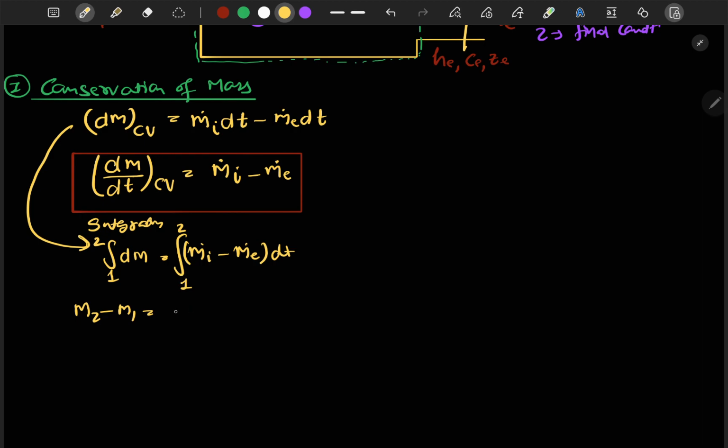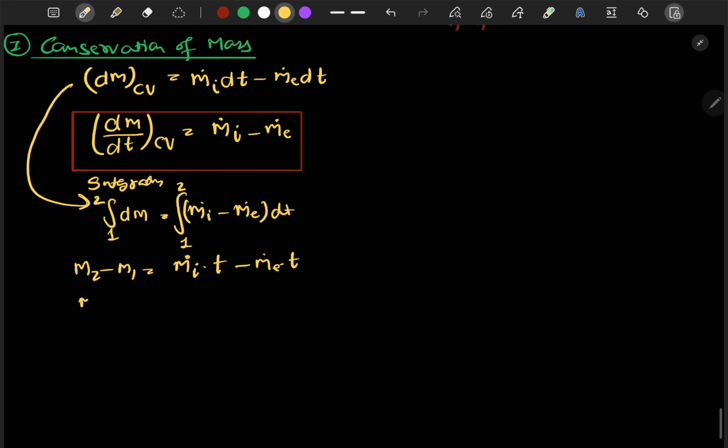From equation 1 to 2, on the other side we will get mi dot into t minus me dot into t. So we can conclude that m2 minus m1 over a total period of t is equal to mi minus me.